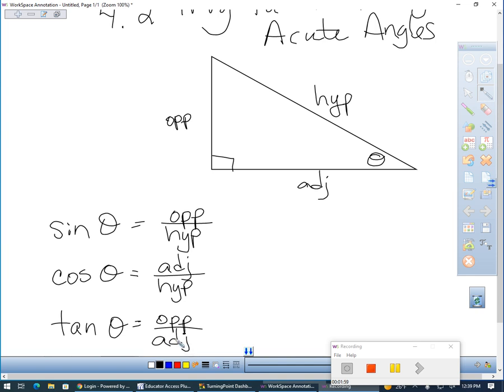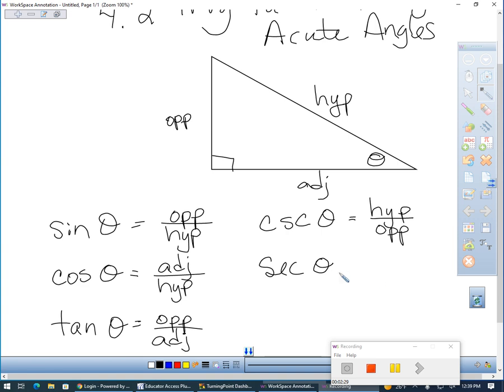All right, your 3 new ones. The opposite of sine is what we call cosecant theta. The cosecant of theta is hypotenuse over opposite. Secant, you think you did this? Hearing those words? Well, that's good.